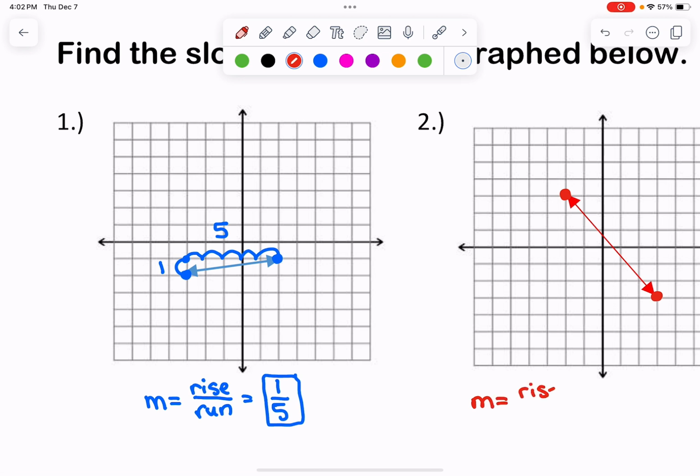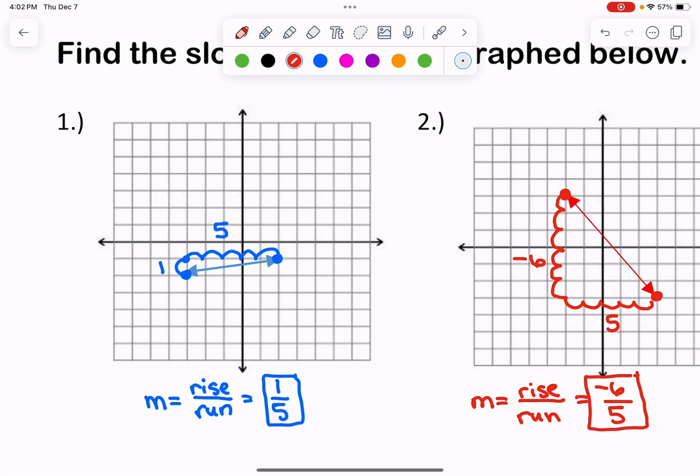We're going to go down 1, 2, 3, 4, 5, 6. So it looks like we went down 6, -6, over. Now we're going to go forward 1, 2, 3, 4, 5. So this is a slope of -6/5.